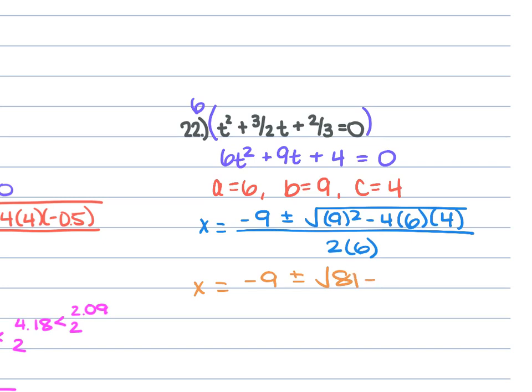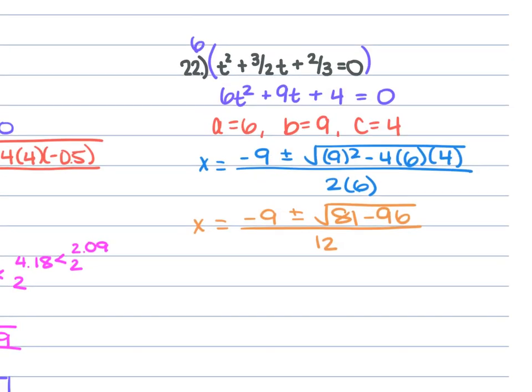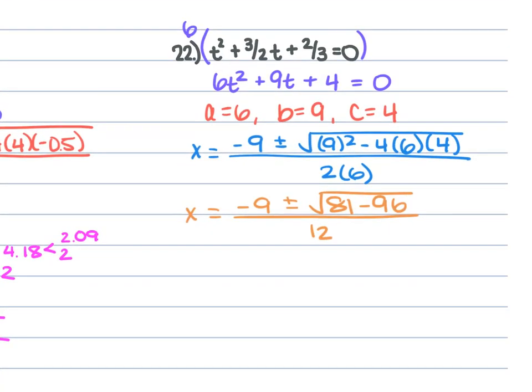The negative 4 times 6 is negative 24 times 4 gives us negative 96 all over 12. So we're going to simplify this. The 81 minus the 96 gives us negative 15 underneath that radical. So x is equal to negative 9 plus or minus the square root of negative 15 all over 12. We cannot take the square root of a negative, so this is no solution.